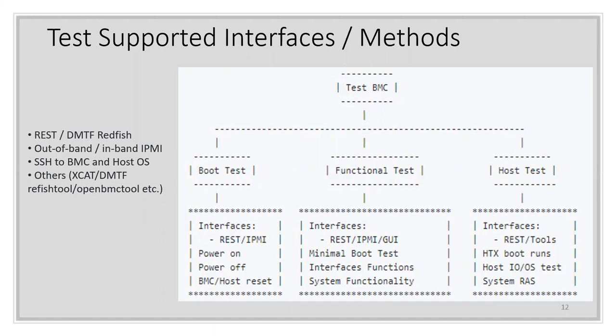It supports out-of-band IPMI, in-band, and we have code to securely connect over SSH to the BMC and the host. And there are other tools like XCAT, the DMTF redfish tool, scripts, and OpenBMC tools that can be run. So these are the supported interfaces, and even the BMC web GUI.